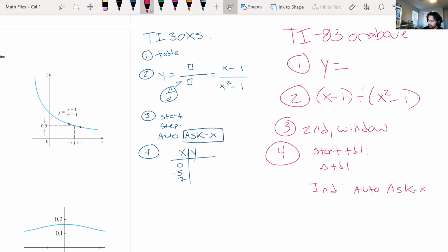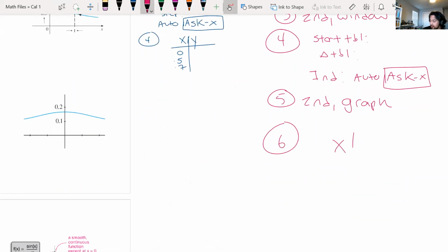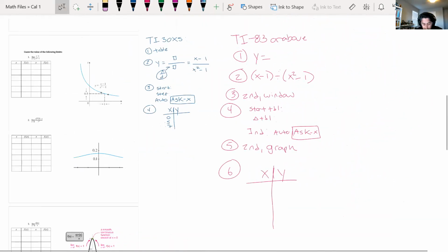And I think it's ask X, maybe. Highlight that, hit enter. Step 5, you'll hit second, and then you'll hit graph. And you'll get your blank XY chart. And again, if there are numbers there, just delete them.